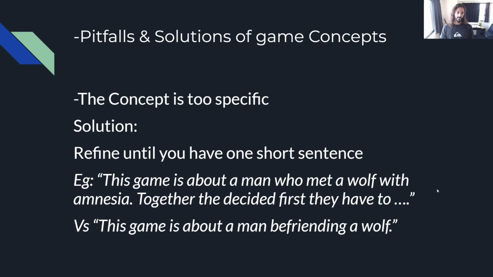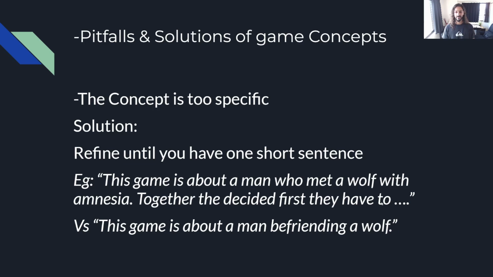The other pitfall of game concepts is having a concept that's too specific. So, for example, you could say that this game is about a man who met a wolf with amnesia, and together they first decided to... You are very lost in the situation.